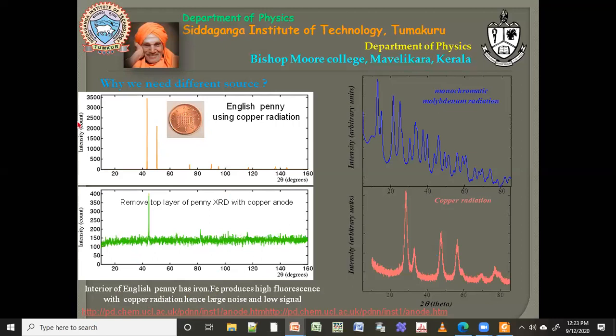You can see here in the first case, when it's copper, you get around 3,500 counts. It's very high counts. But for the same time, same settings, if you do it on the inner part, which is your iron, you get 400. It is almost decreasing by 10 times. So from almost like 4,000 to 400, it is decreasing so much.